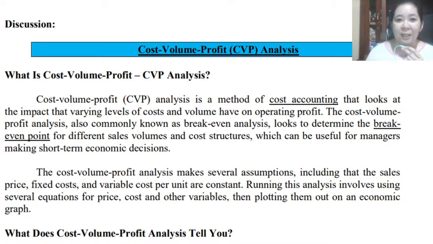Running this analysis will involve using several equations for the price, cost, and other variables in our formula. Other entities may also plot them in a graph or economic graph to visualize how this relationship is being reflected, to be able to understand their relationship better.